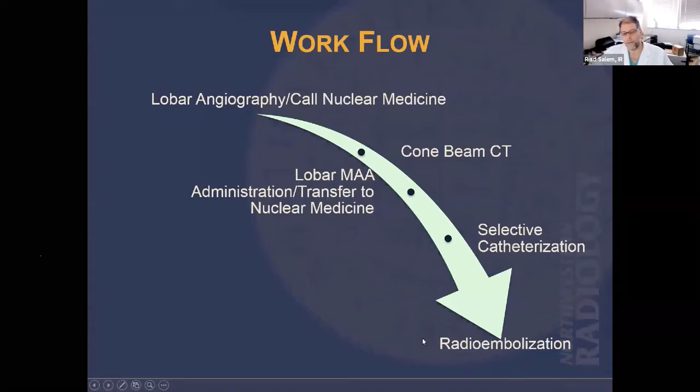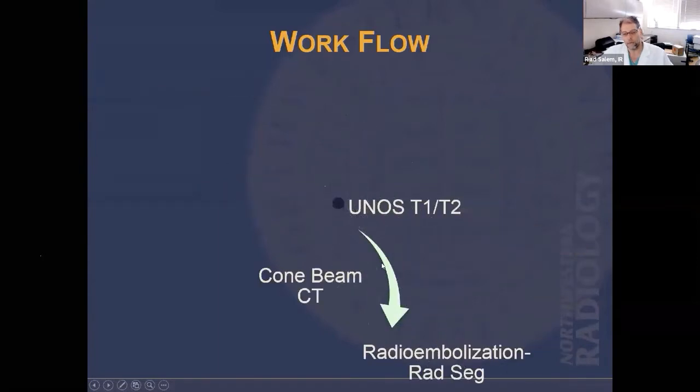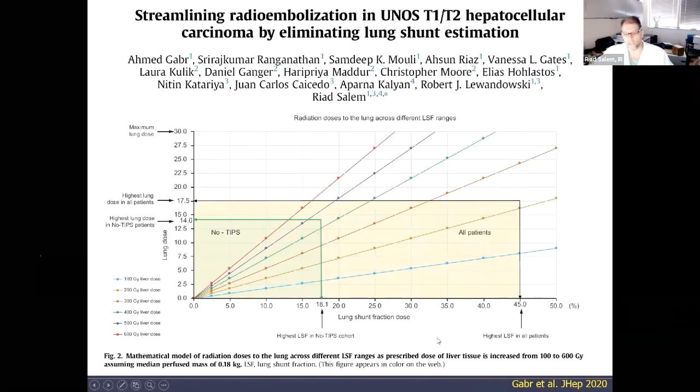But if you can eliminate the lung shunt study, you might even be able to perform this in 1 hour with no lung shunt study. What is the concept? This is something we just published a few months ago, the concept of eliminating the lung shunt study for small tumors. If you look at your data, most of you guys, you will see that your small tumors do not shunt. And so is there a real necessity for the lung shunt study when you have small tumors?